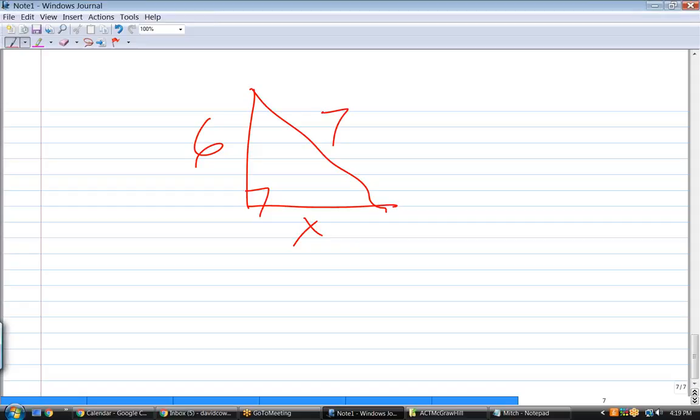In other words, obviously on the test you might see a 30, 40, 50, or a 6, 8, 10. We already saw a problem that had a 6, 8, 10 in it. But I don't think you need even the third largest one, which is 8, 15, 17, is it not? Yeah.